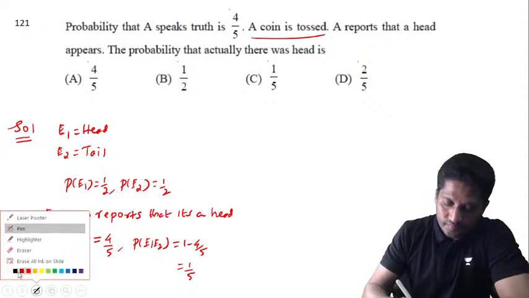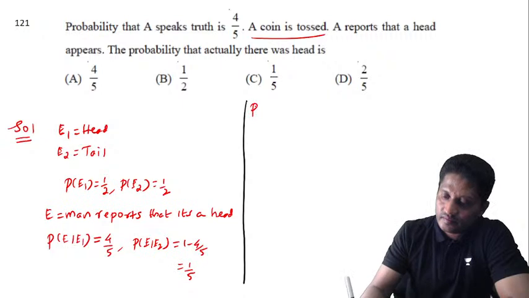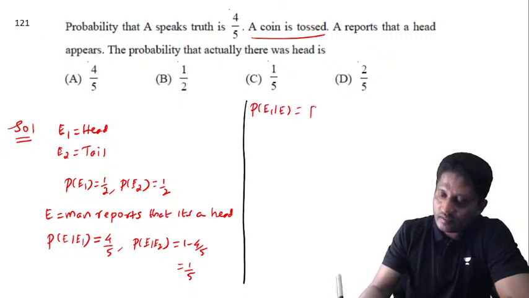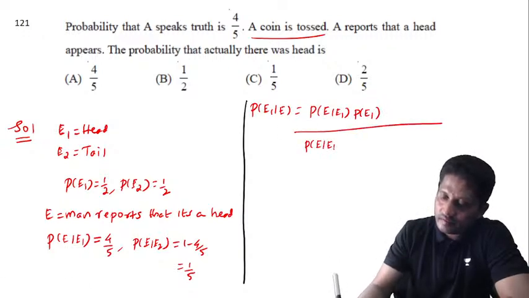Now P of E1 given E is equal to P of E given E1 into P of E1, divided by P of E given E1 into P of E1 plus P of E given E2 into P of E2.